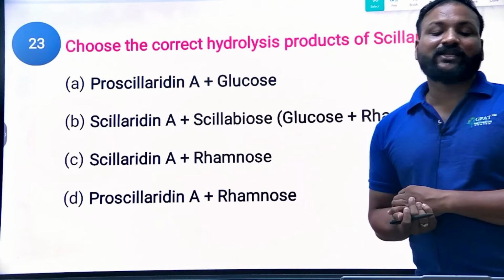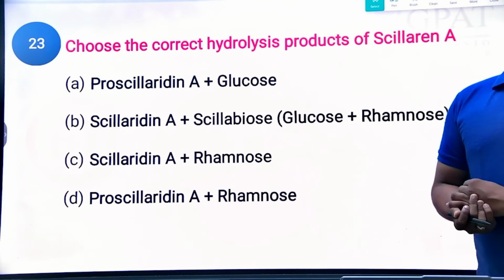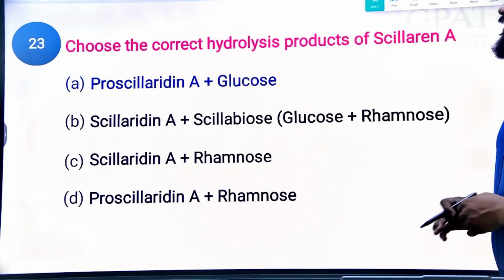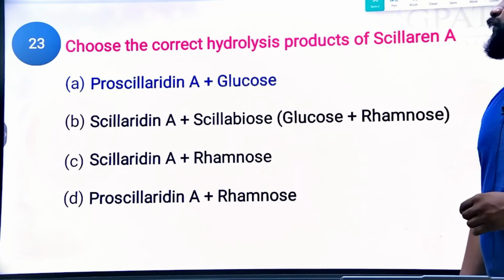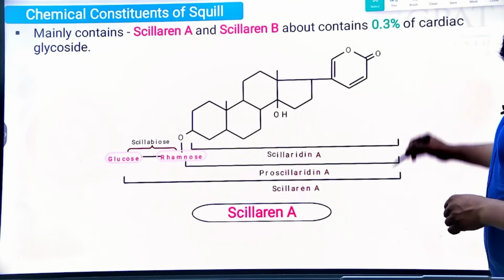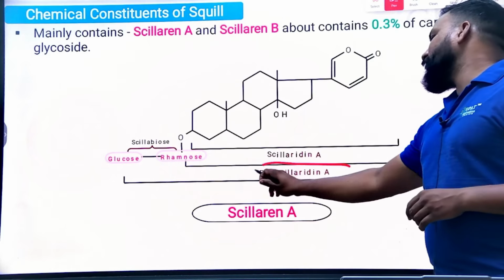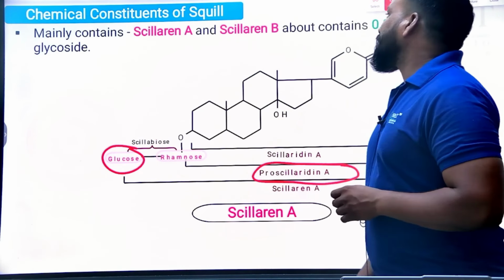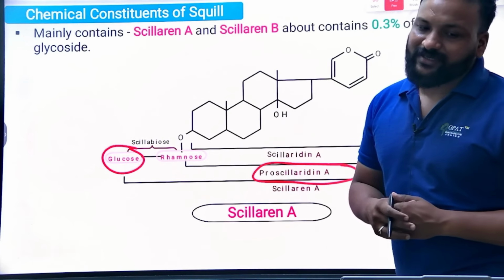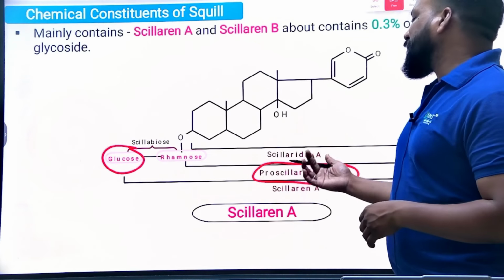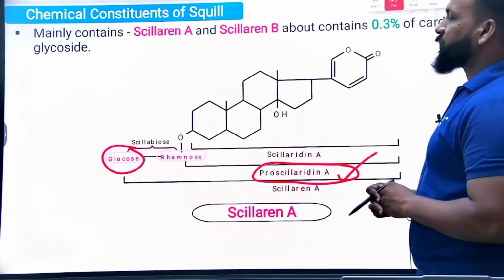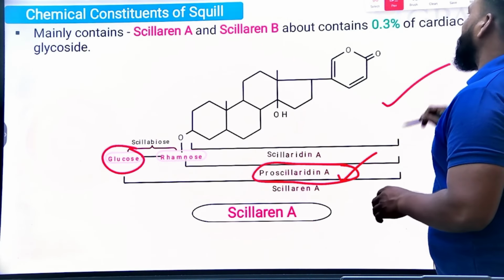Undoubtedly option A, that is proscillaridin A and glucose. Clear? Squill contains scillaren A and B, and upon hydrolysis it yields proscillaridin A and glucose. And also it is a steroidal structure.